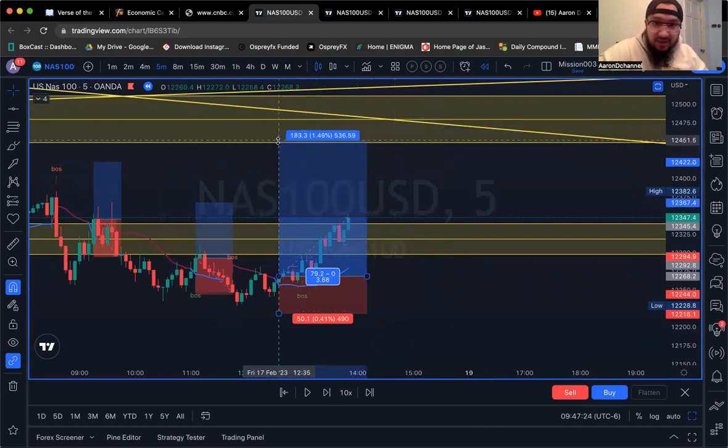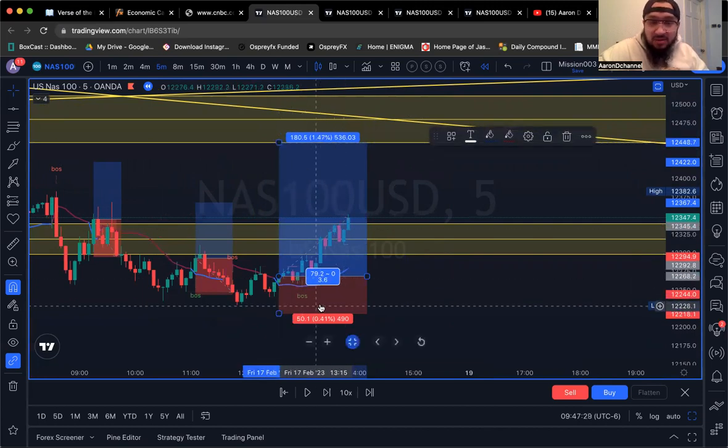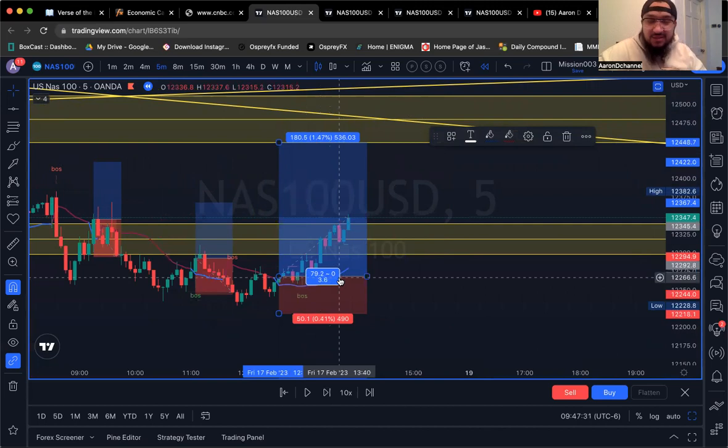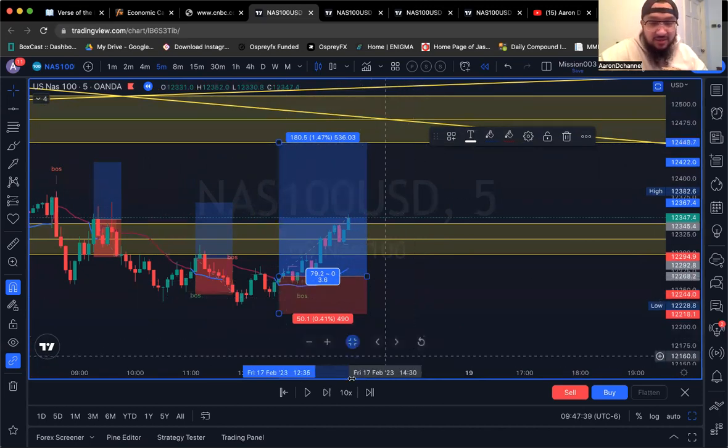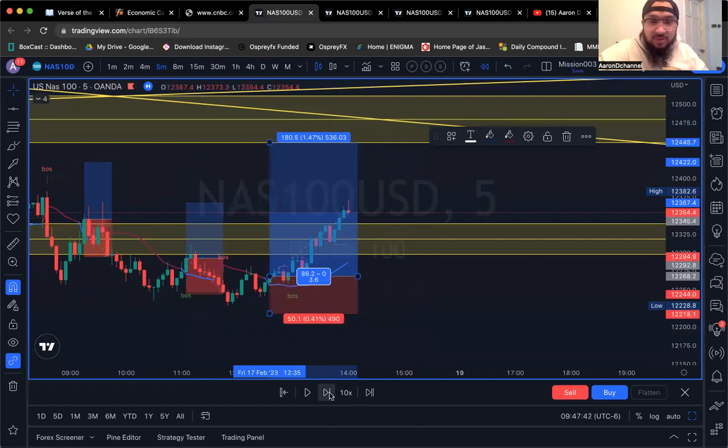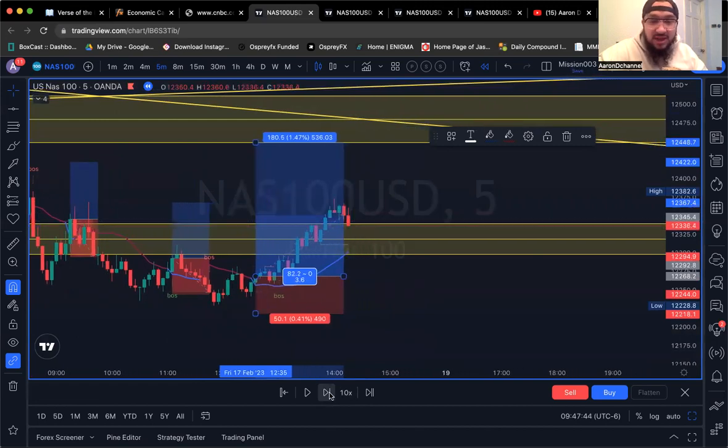So let me make that 180 right there. That's 1 to 3.6, so I'm risking 1% here to get 3%. Now that would be an amazing trade. So we continue to watch price print. All we're doing is watching and waiting.